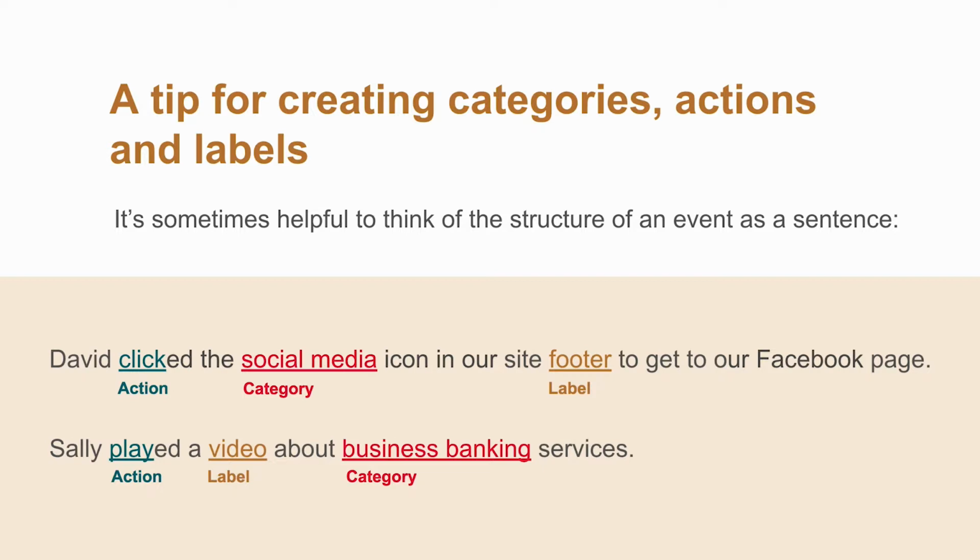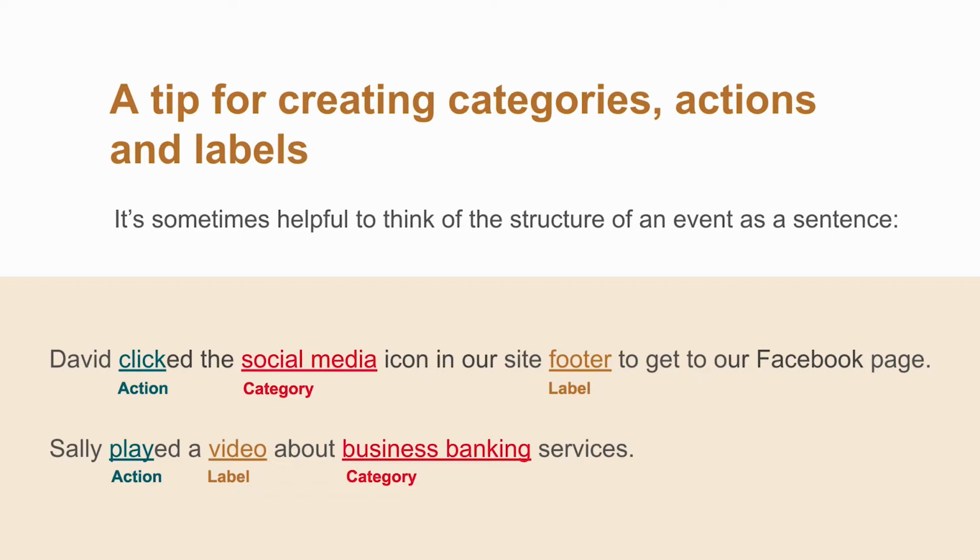Like, how many people play our videos, or how many people played this specific video, or does anybody actually click on that 3rd tab? People go to our FAQ page, but do they open up the answers? Those are all questions that usually can't be answered from Google Analytics just out of the box, but can definitely be answered in high level and great detail if you have events set up properly.